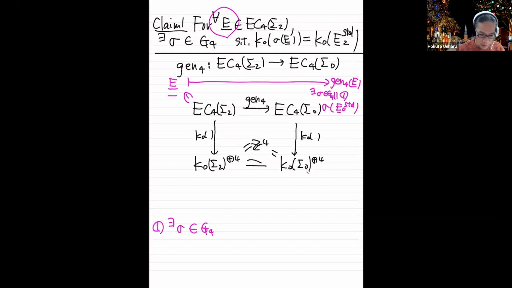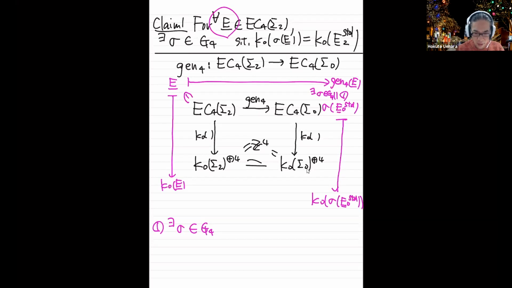And this goes to K0 E bar, and this goes to K0 sigma E0 STD bar.